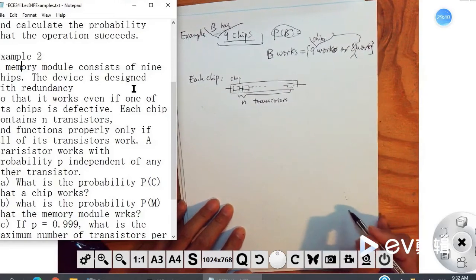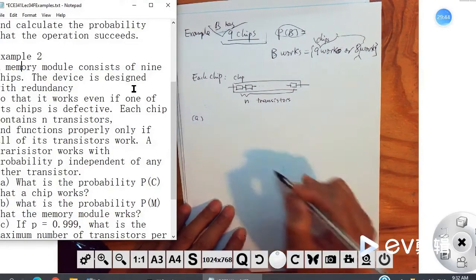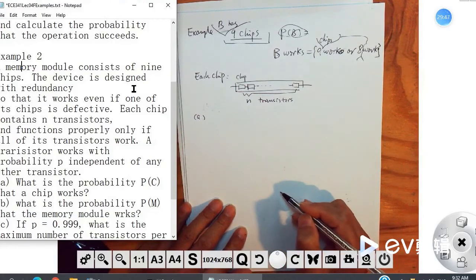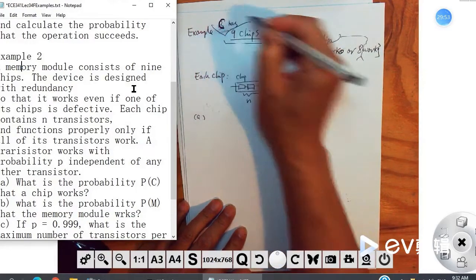Alright, now we have the problem. We want to know what is the probability PC that the chip works. C is for the chip.